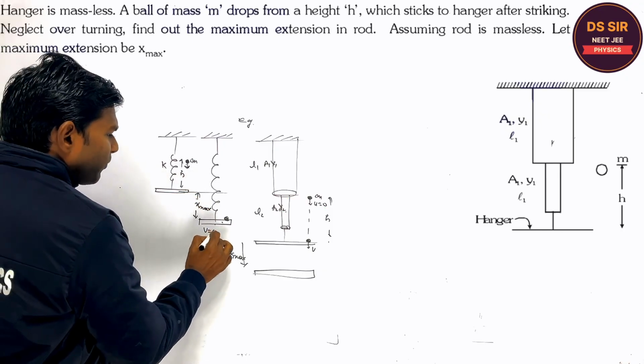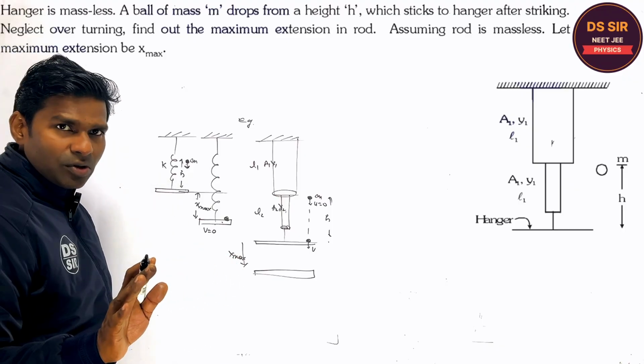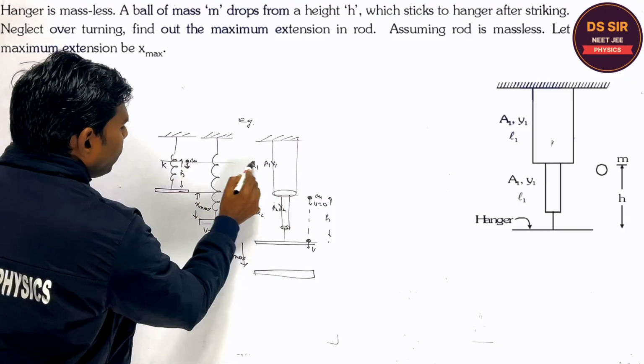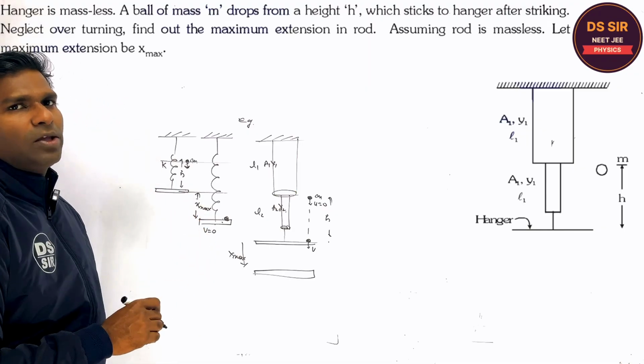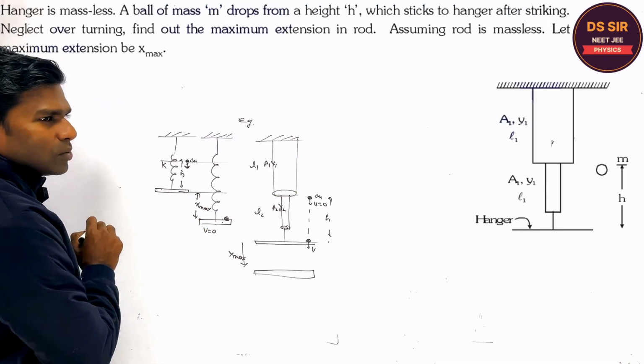So the final speed is 0. To find the maximum elongation in the spring, what concept will you apply? The spring is massless, suppose.